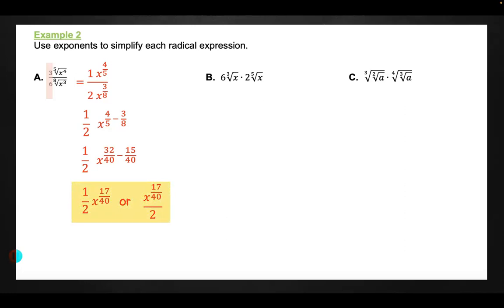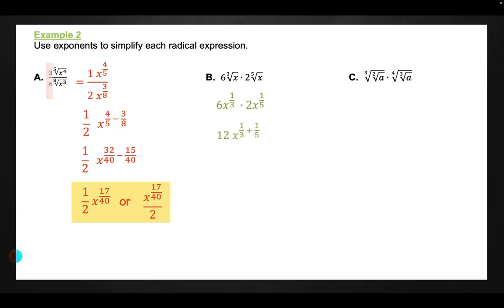Now in letter B, we've got 2 radicals, so I'm going to rewrite those radicals in rational exponent form. So I've got x to the 1/3, and then x to the 1/5. Now when I'm multiplying, I have those coefficients, the 6 and the 2, and those two I can multiply together.